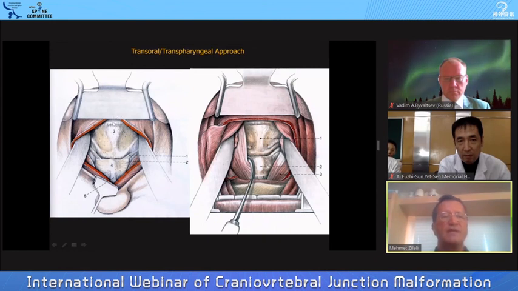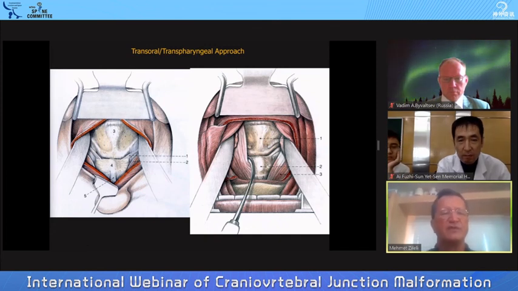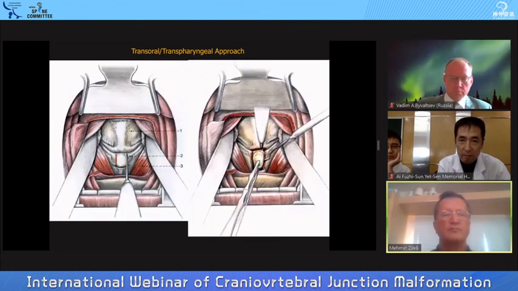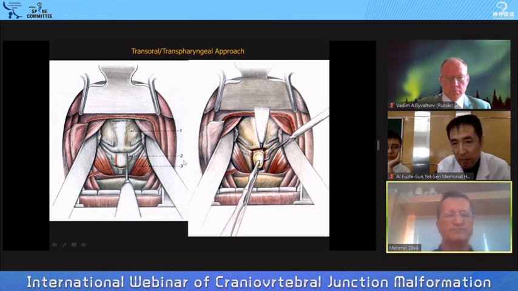So with a deep bladed pharyngeal retractor, if you retract the midline incision of the pharynx, you can easily see the C1 arch and then the C2 body. Then the next step is to drill the C1 arch, see the odontoid process, and drill the odontoid process.